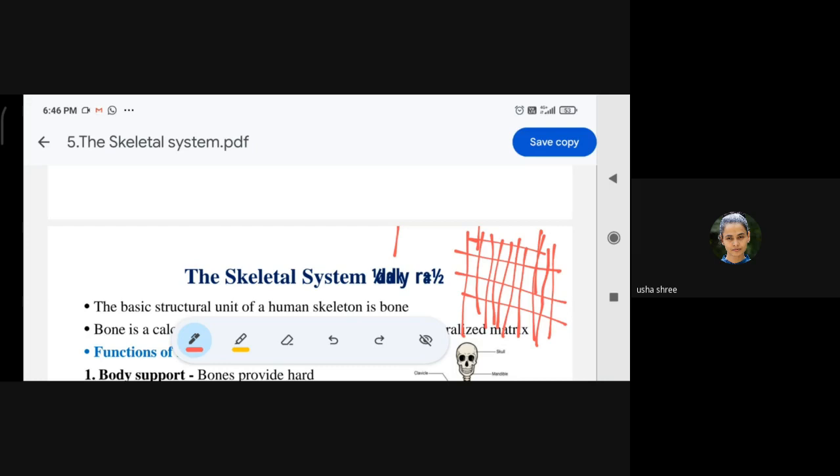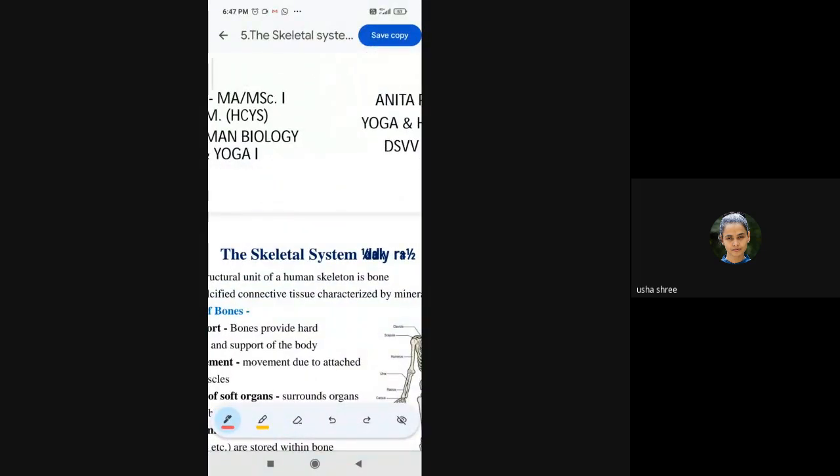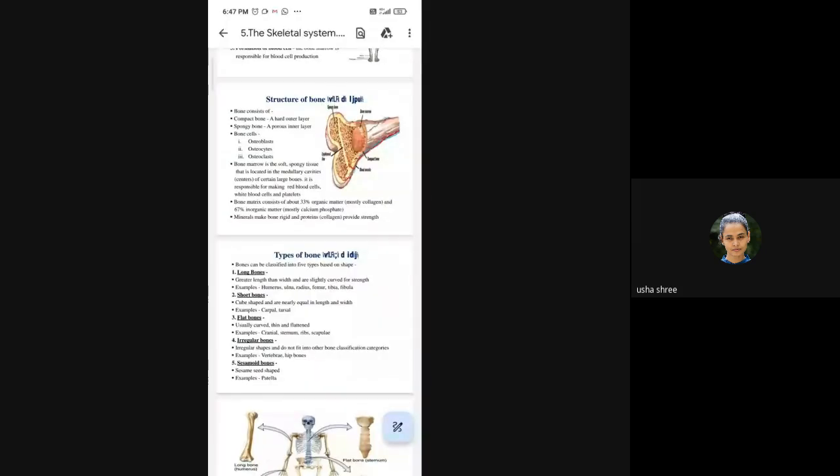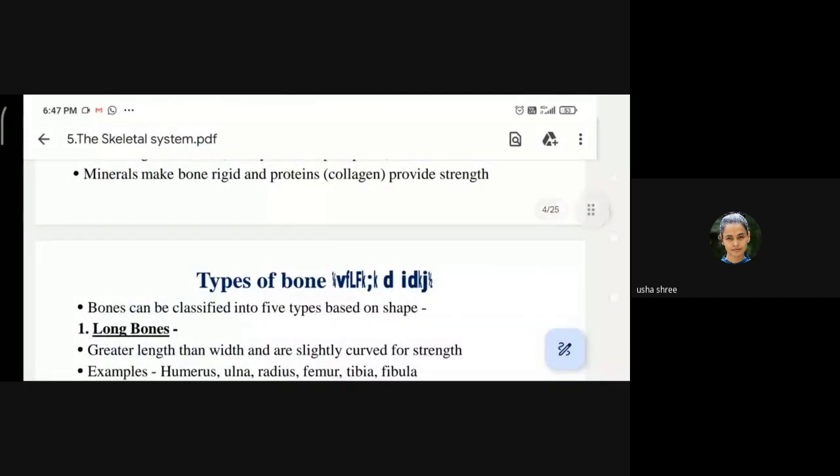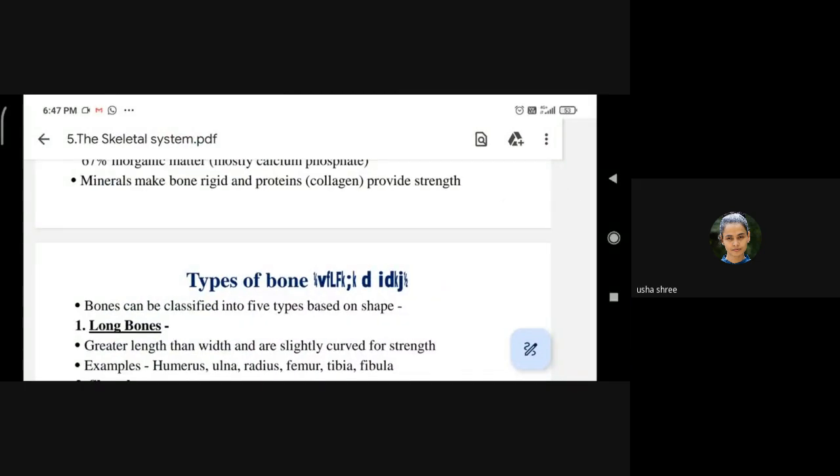Okay. And then inside of that hard part, there's collagen, right, ma'am? Collagen fiber. That outermost structure is made up of collagen and these minerals, calcium and phosphorus.